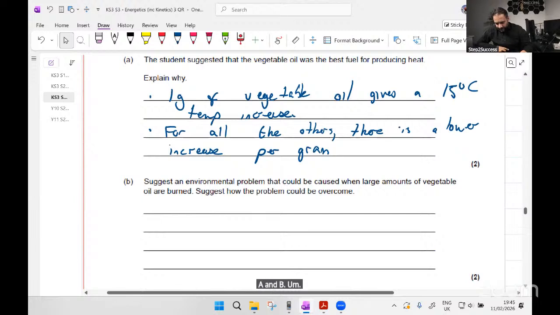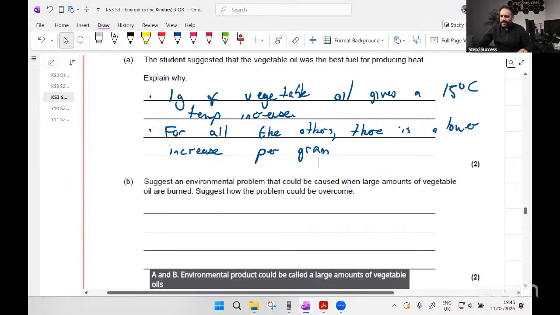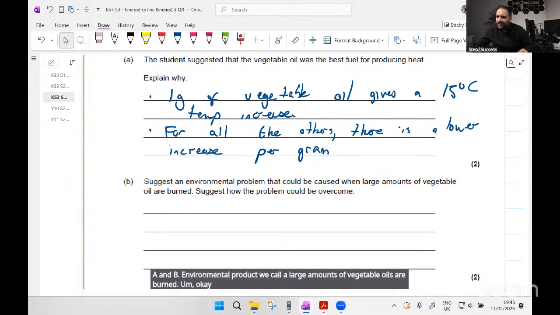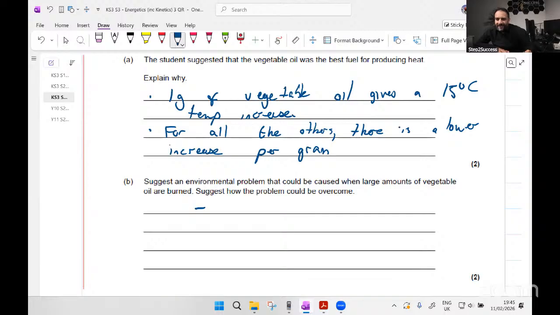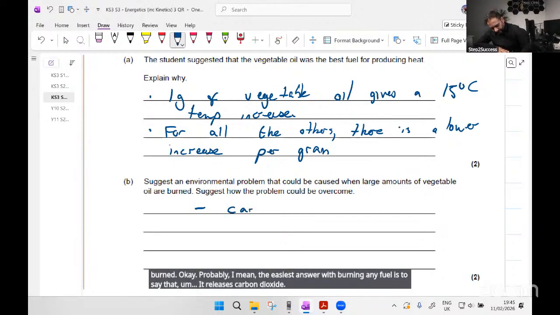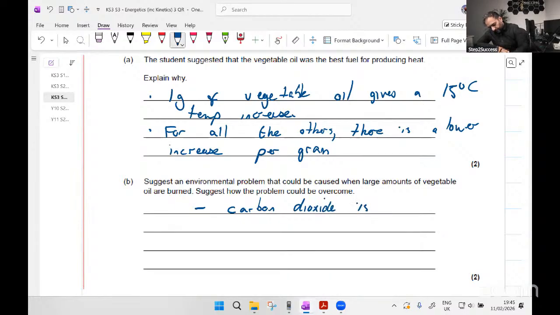Environmental problem that will be caused when large amounts of vegetable oils are burned. Okay. Probably, I mean, the easiest answer with burning any fuel is to say that it releases carbon dioxide, which can cause global warming.